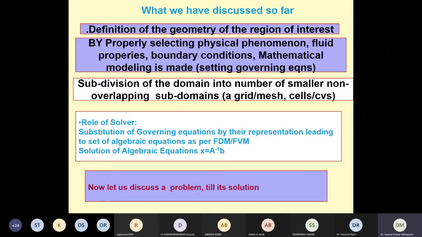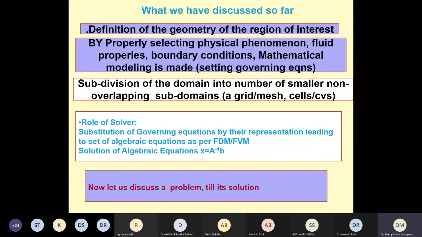The role of the solver is substituting the governing equation by a representation leading to a set of algebraic equations, either by FDM or FVM. That helps put it in the form Ax = B, and we are interested in finding X, which is obtained as A inverse B. So this is the role of the solver. Any of the software does the job of the solver, and at the end we get the flow field, temperature field, and so on.